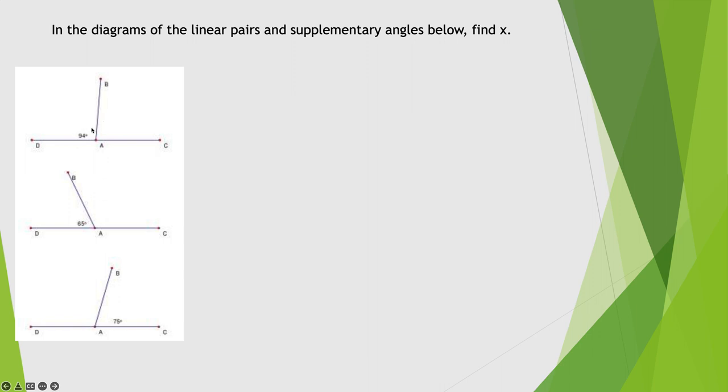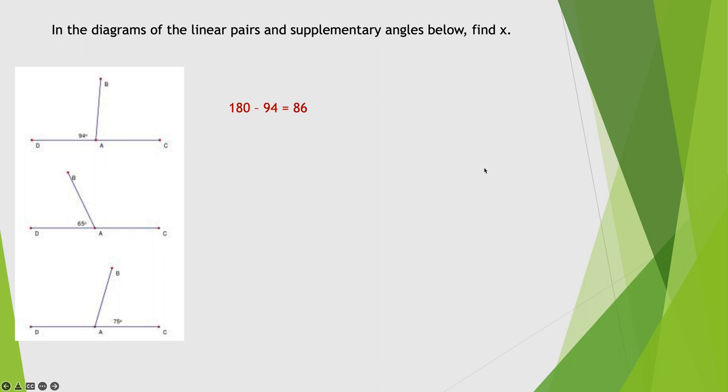For the top one, if I want to find the missing angle here, angle CAB or angle BAC, notice we can't call this angle A here because there are actually three angles at A. The one that they tell you about, which is 94, the one on the right that we're looking at, and then of course there's the straight angle CAD, which is 180. So we just want to know angle BAC right now, or CAB, and to get that, it's just going to be 180 minus 94, which is 86. You try the next two.